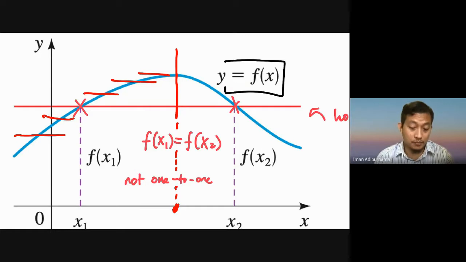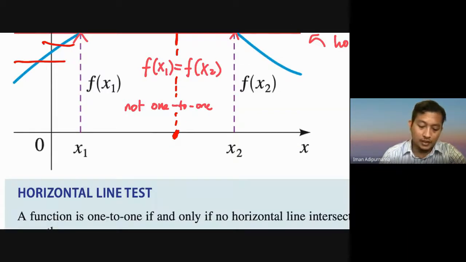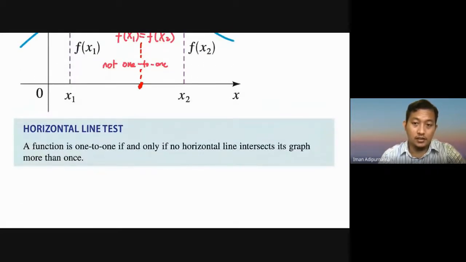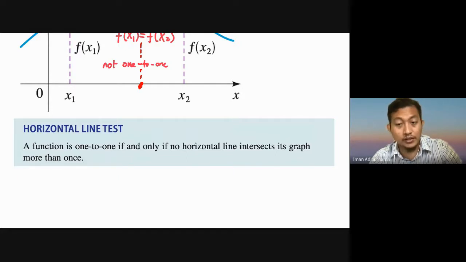From this perspective, we can say this is one-to-one with restricted domains. So we can do the horizontal line test to determine whether the function is one-to-one or not. The function will be one-to-one if no horizontal line intersects more than once, so it crosses the function only one time.